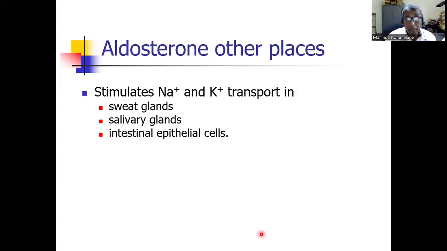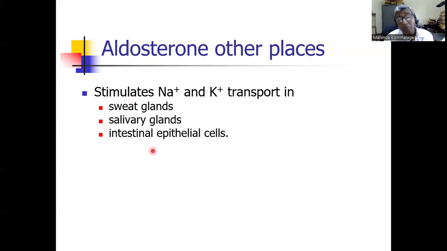Not only in the renal tubule, aldosterone will do the same job in the salivary gland, as under gastrointestinal physiology. In the first or second lecture, we learned about salivary secretion, where I mentioned the exchange of sodium in the tubule.